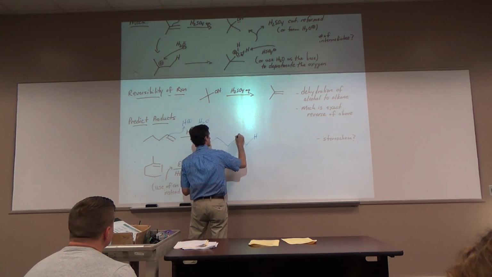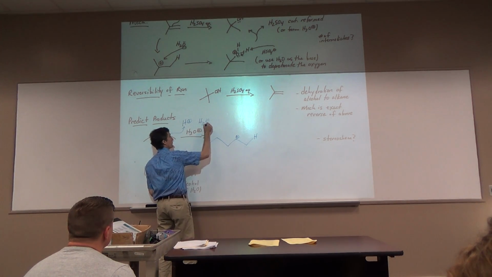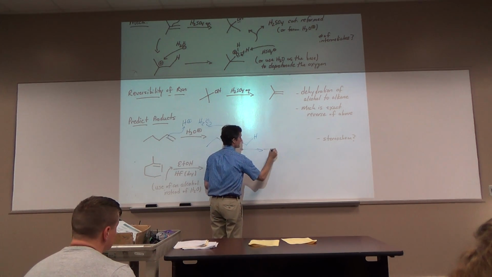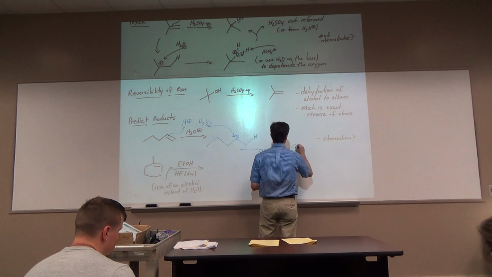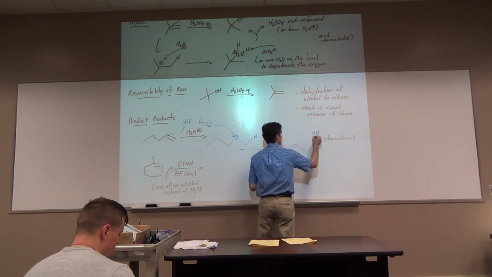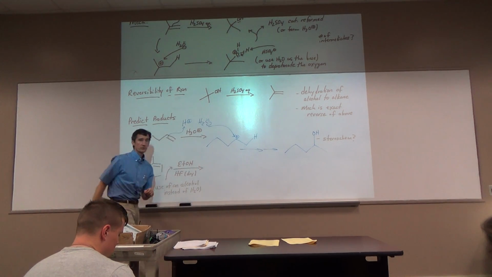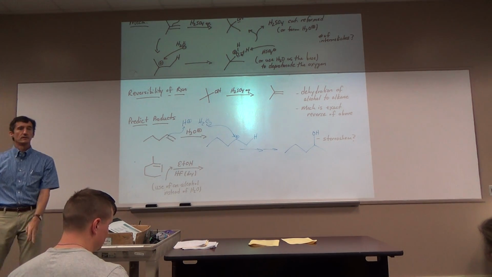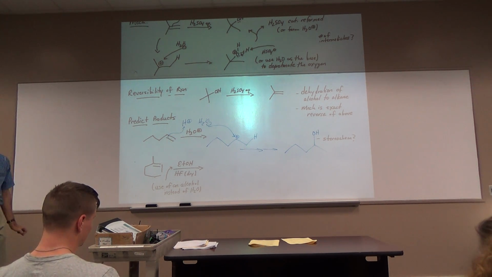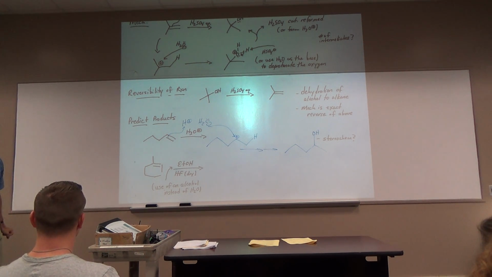H on the end, plus here. What adds to the plus? The water. And you have to lose a proton, so it doesn't get there directly. But after you lose the proton, we end up with OH there. And yeah, it's 2-hydroxypentane, better known as 2-pentanol.